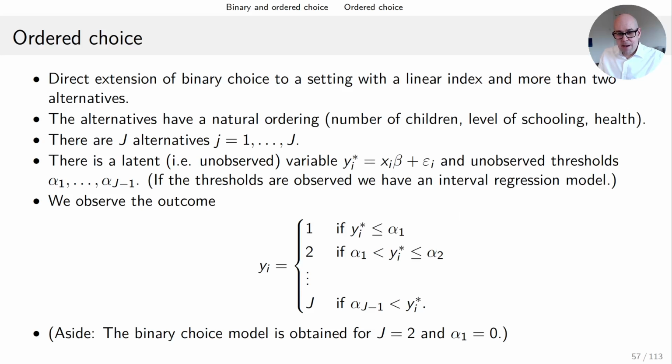Now, you can already probably see some parallels to the binary choice model. These are not exactly the same in terms of the structure, but we can get a binary choice model out of this structure when we set j is equal to 2 and alpha 1 is equal to 0. In that case, we get a model that can produce the exact same choice probabilities.